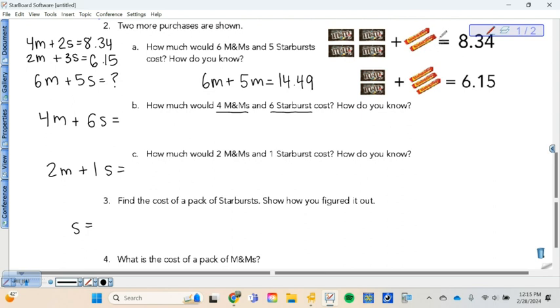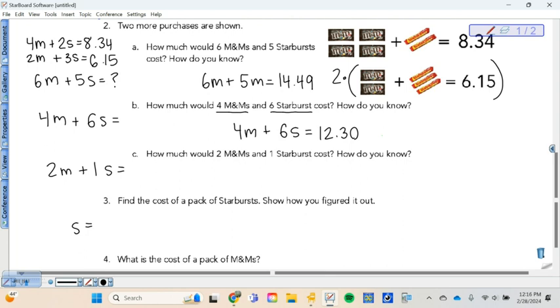I know how much 4 M&Ms and 2 Starbursts are. I can take this second purchase, and if I multiply it by 2, look what happens. What's 2 times 2 M&Ms? 4 M&Ms. What's 2 times 3 Starbursts? 6 Starbursts. So what's the cost going to be? 2 times 6.15, so $12.30. Good.